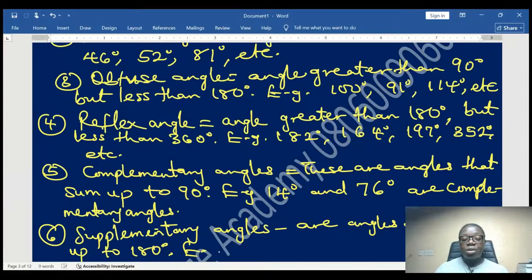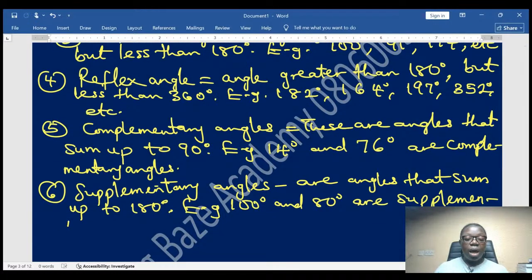Examples of supplementary angles are 100 degrees and 80 degrees. 100 degrees and 80 degrees are supplementary angles because if you add them together, you will have 180 degrees.